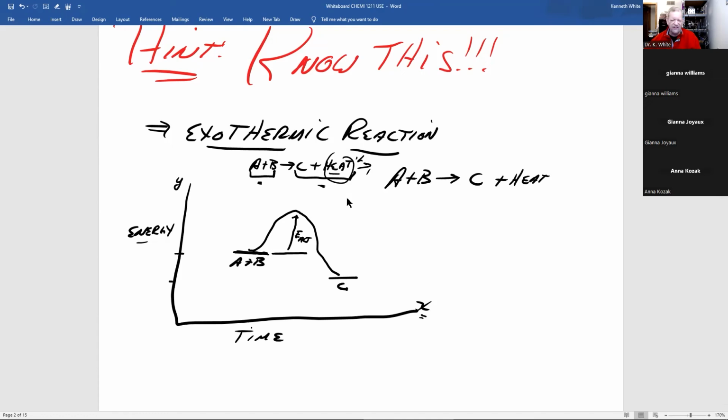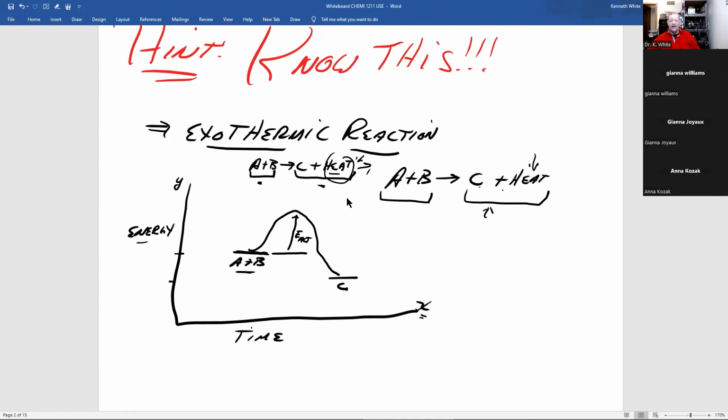And because of the conservation of energy law, the total energy on this side is equal to the total energy on that side. A and B have a certain amount of energy. Now, this side, the total energy is C plus heat.